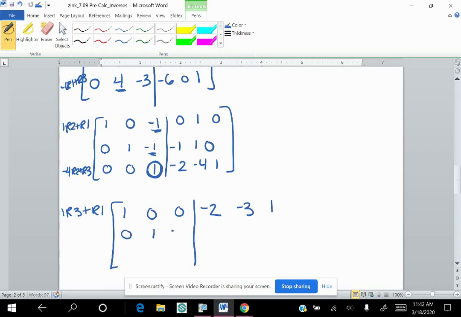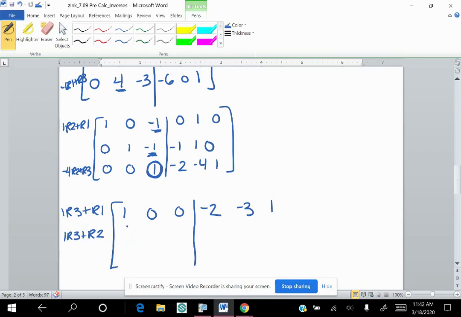Middle row, row 2, is going to stay the same. And then row 3, oh, no, actually, sorry about that. That will not stay the same. We want this to become a 0. So how do we get it to become a 0? We multiply 1 times row 3 plus row 2.